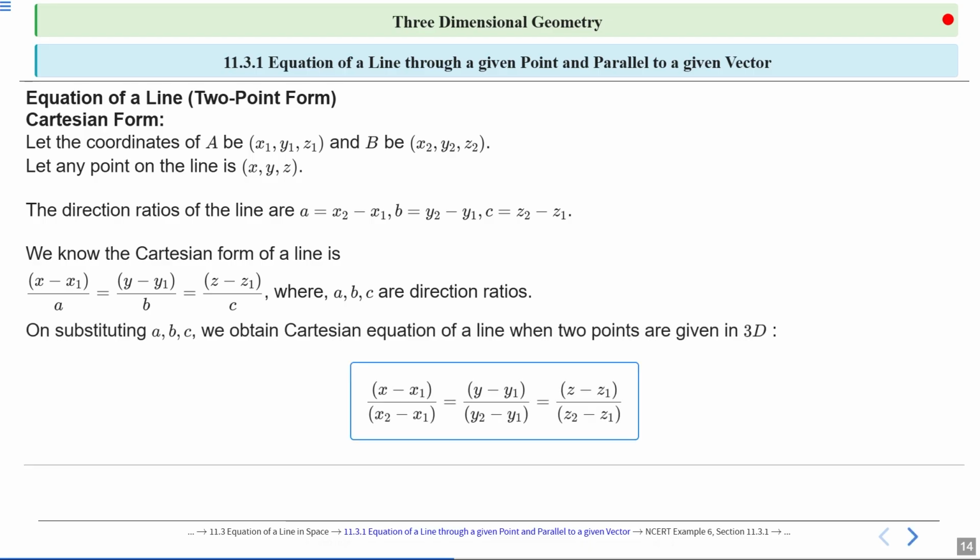Now, on substituting the values of a, b, c from earlier, we get the specific equation for a line passing through 2 points: (x minus x1) divided by (x2 minus x1) equals (y minus y1) divided by (y2 minus y1) equals (z minus z1) divided by (z2 minus z1). So this is the 2-point form of the line in Cartesian form.